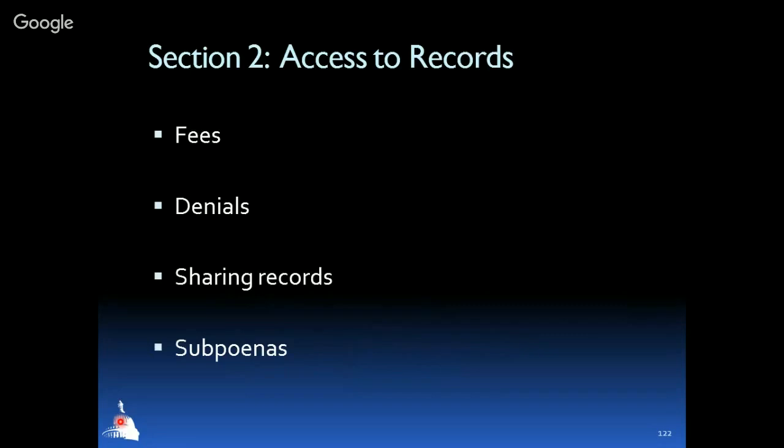Also in Access to Records Section 2, you have fees, denials, sharing records, and subpoenas. So for fees, we'll just discuss this a little bit. It talks about how to assess and apply them. A governmental entity may charge a reasonable fee to cover the cost of providing a record.